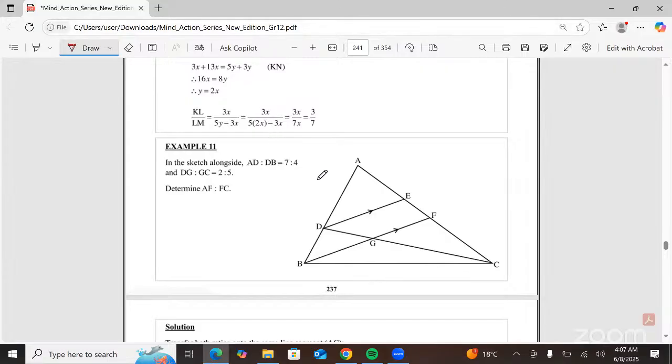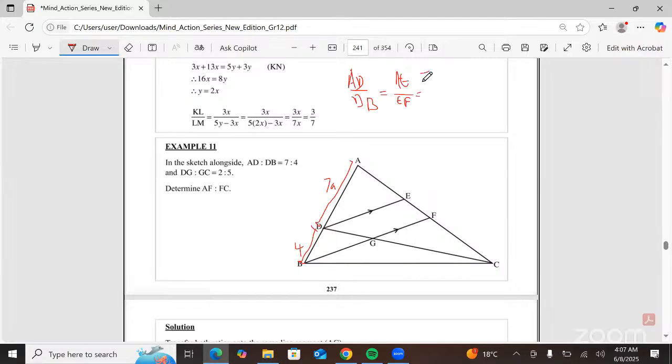AD is to DB is 7 to 4. Do you agree if I say AD over DB is equal to AE over EF?